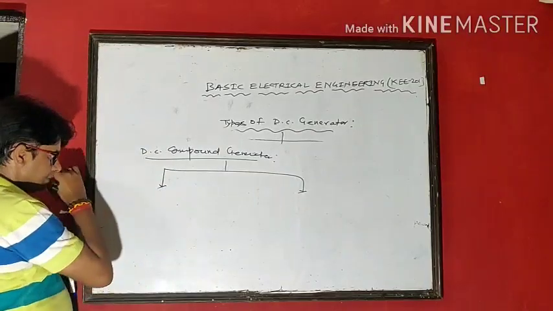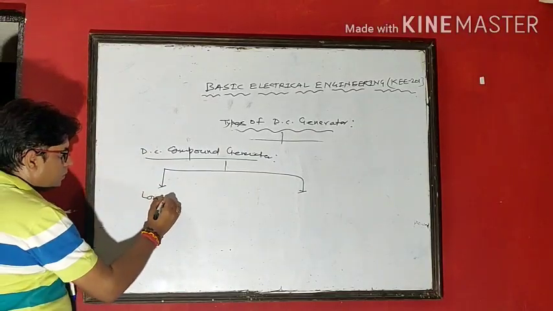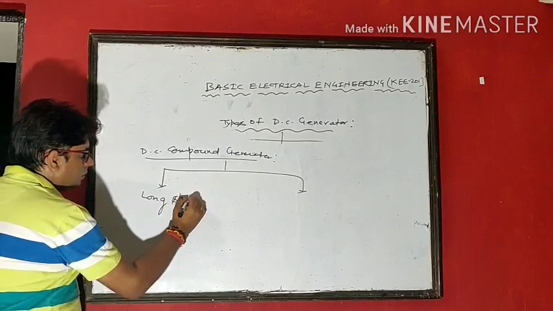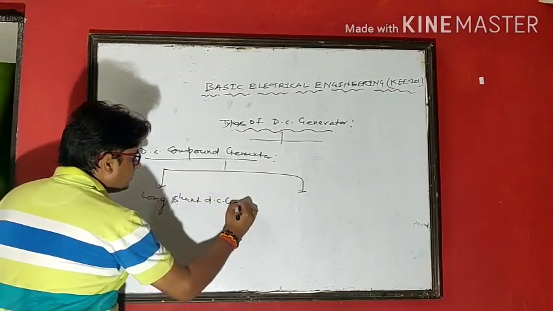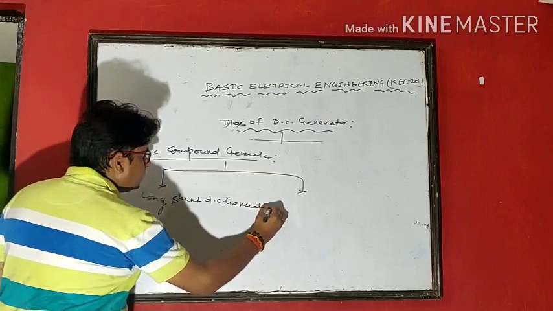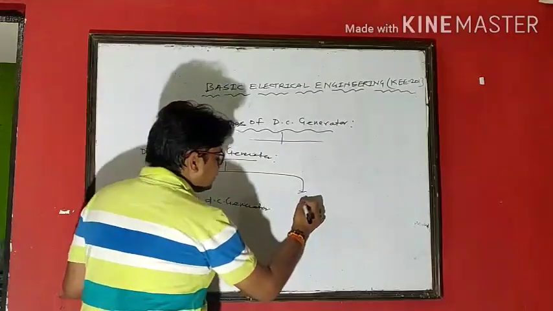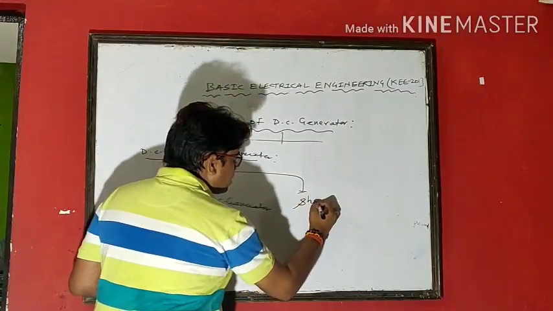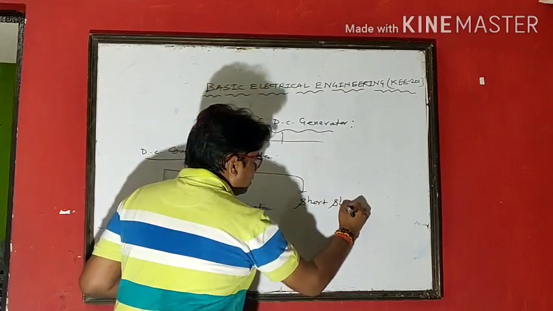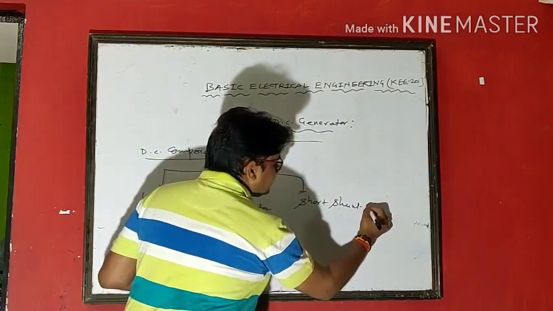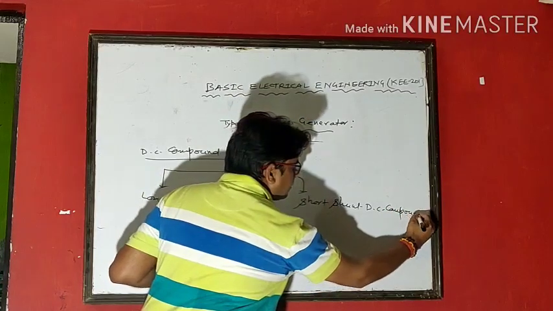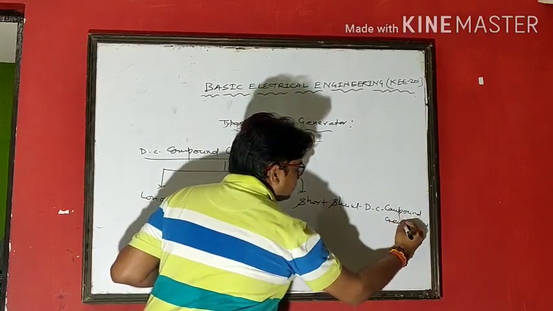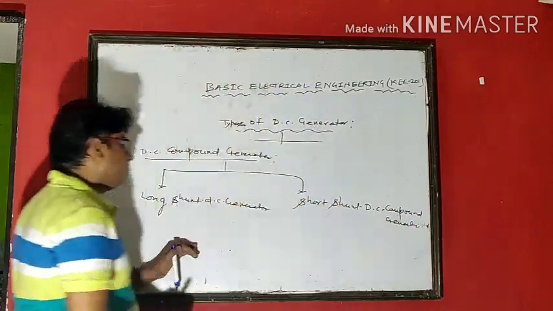One is long shunt DC compound generator. Second one is short shunt DC compound generator.